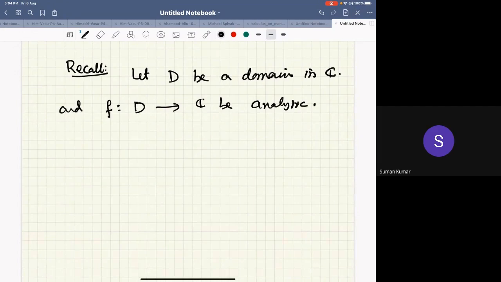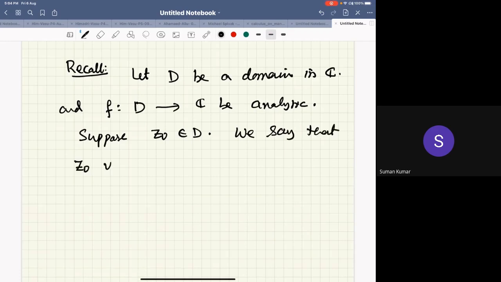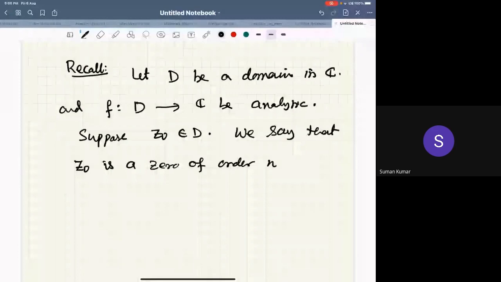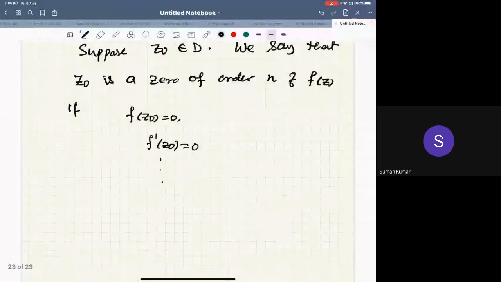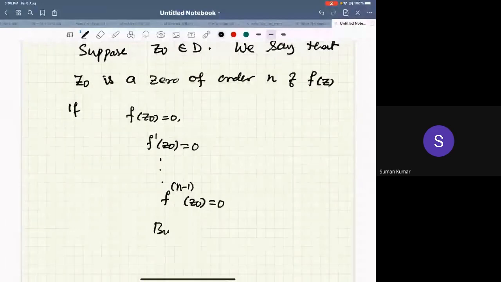And suppose z0 is a point in D. We say that z0 is a zero of order n of f of z if f of z0 equals 0 and f dash of z0 equals 0 and so on, and f power n minus 1 at z0 equals 0, but f power n of z0 is non-zero.